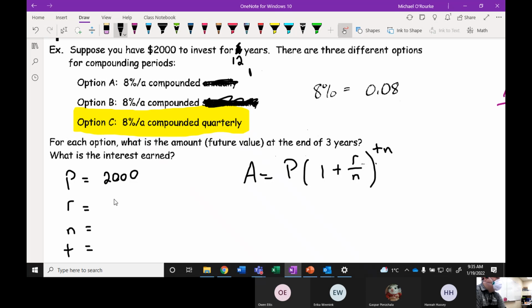No, 2,000. What's my rate? My rate is 8%. So I divide it by 100 to get my number, which is 0.08. Quarterly, what's my N going to be? The number of times it's compounded per year. 4. Good. And what's my time in this case? 12.